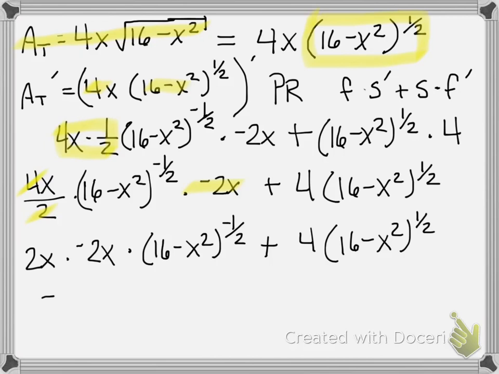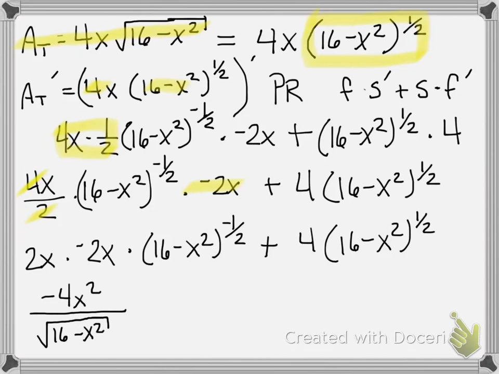And so that's going to give us negative 4x squared over the square root of 16 minus x squared.